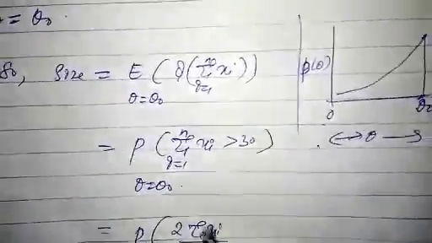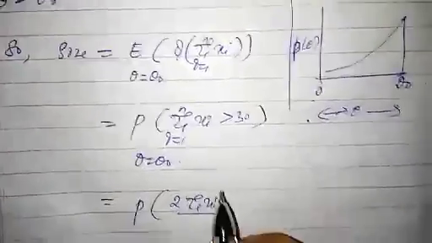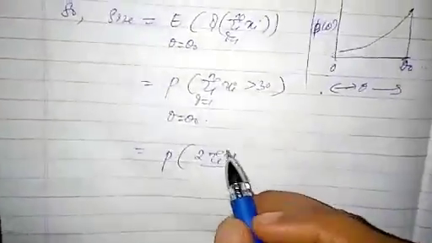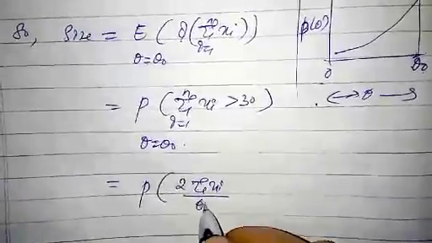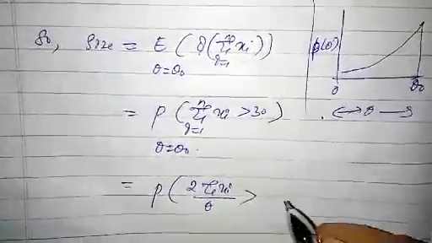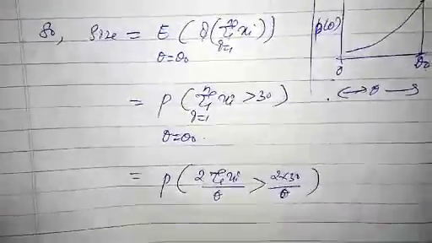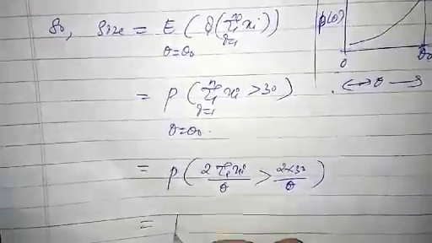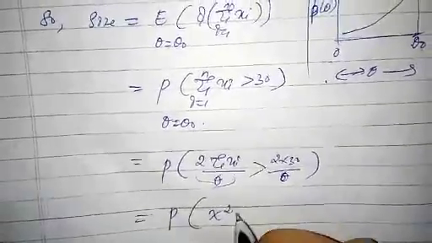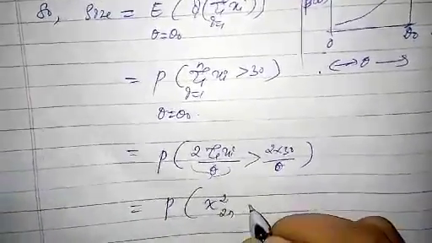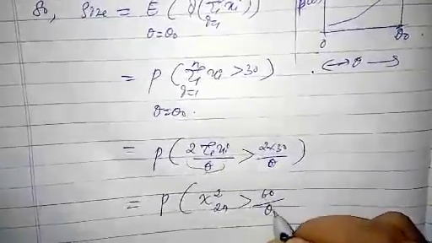So we take a distribution value, so that we can write this as 2 into summation xi divided by theta, which is greater than 2 into 30 divided by theta, which is equal to probability of, what is this value? It's a chi square, right? Chi square with 2n degrees of freedom greater than 60 by theta.